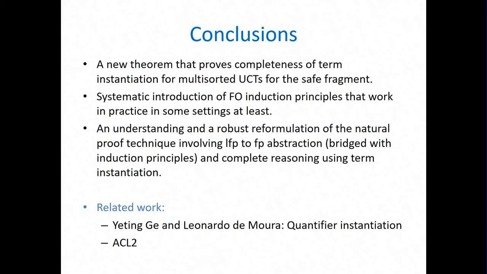So conclusions: a new theorem that proves completeness of term instantiation for multi-sorted, uninterpreted combination of theories for the safe fragment, and then the systematic introduction of first-order induction principles that seem to work in some settings at least.